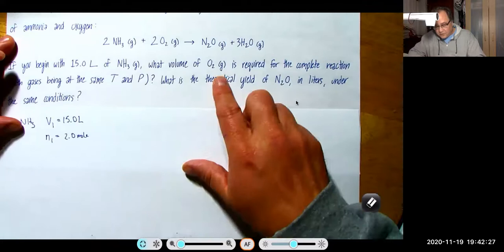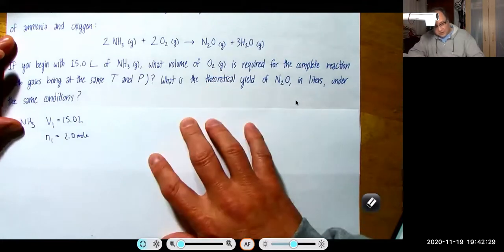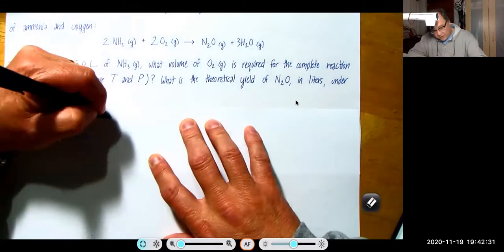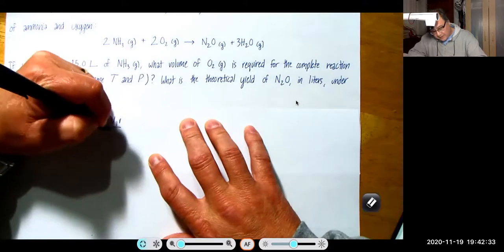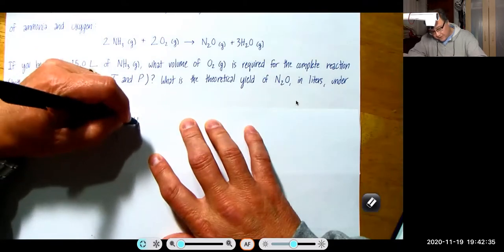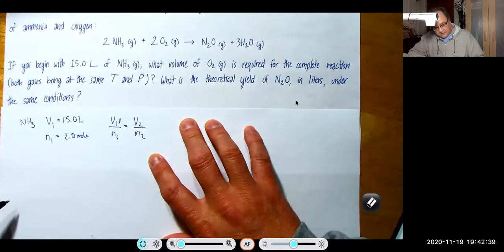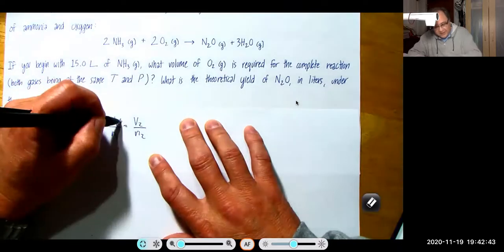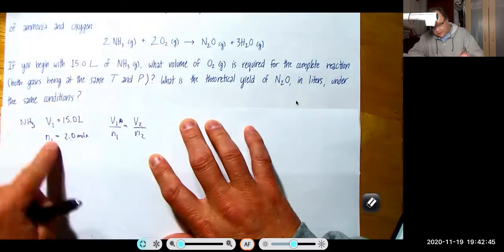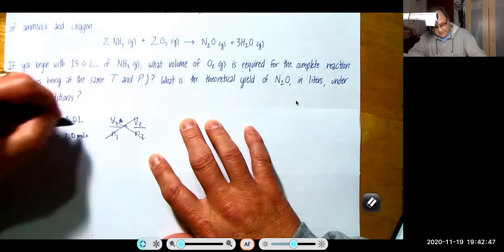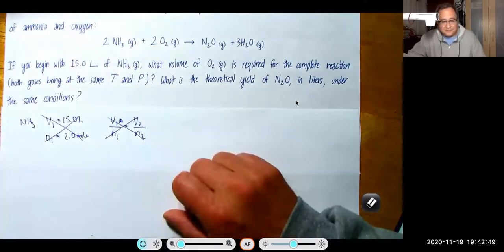What volume of O2 is required for the complete reaction? We know that V1 over N1 is equal to V2 over N2. I don't even want to do it.